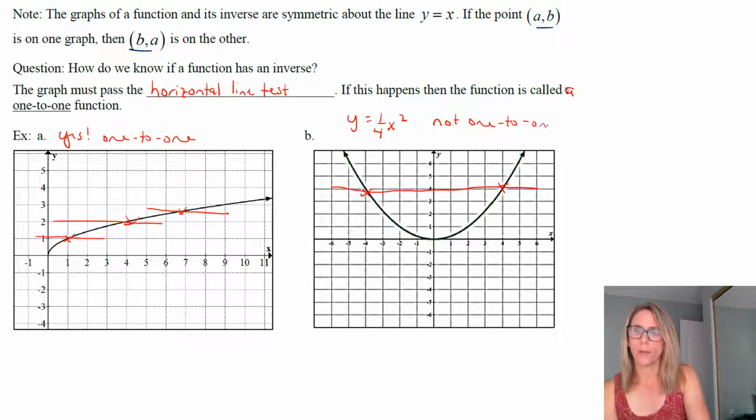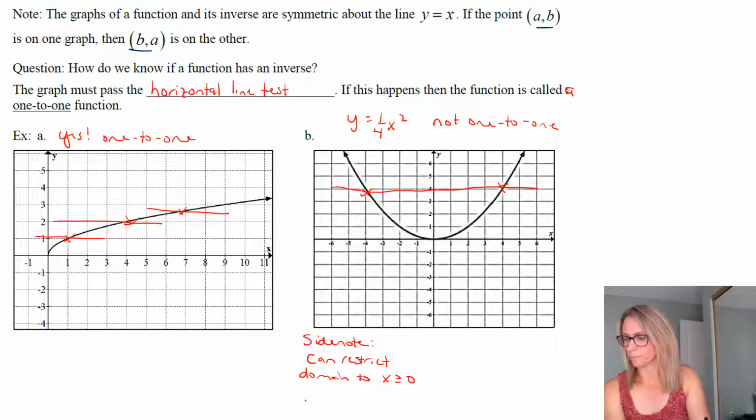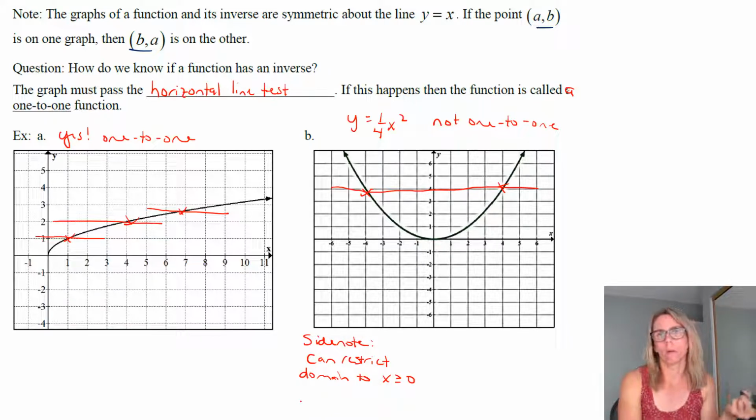But I'm going to make one little caveat, one little side note, which is there is something that you can do. You can restrict a function. If you restrict a function so that the domain that you have it on is 1-to-1, you can find an inverse for that. So just as a side note, if we restrict the domain to x being greater than or equal to 0, then we can end up with an inverse.